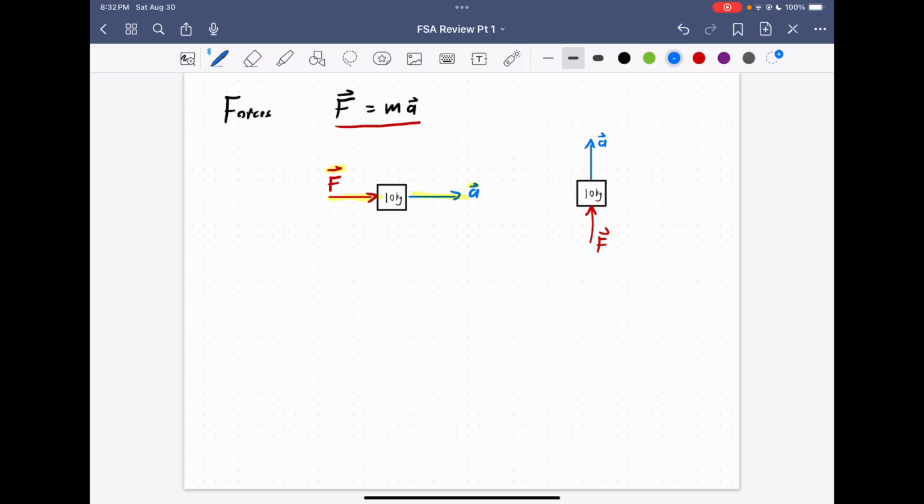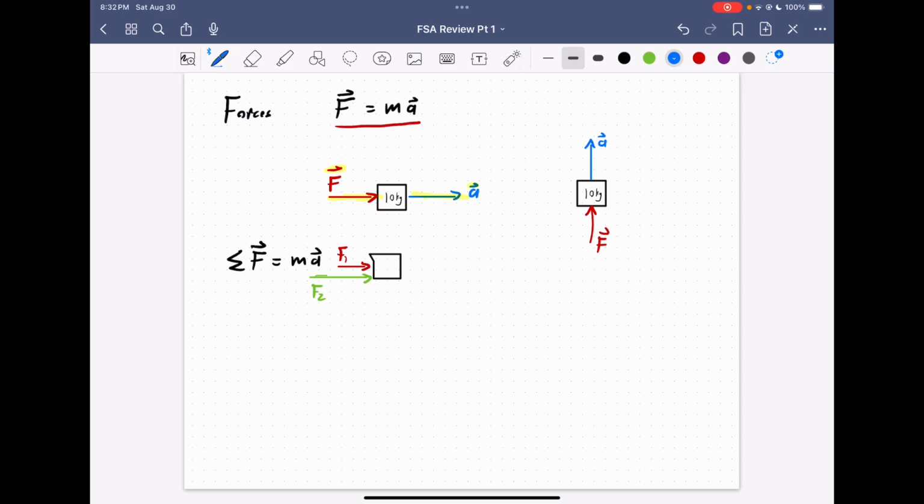So we also know another equation, sum of forces equals mass times acceleration. So we looked at one force, but again, if we have our nice box, this guy has a bit of a different hairdo, and we have force 1 acting on it, and let's say we also have a second force, force 2 acting on it.